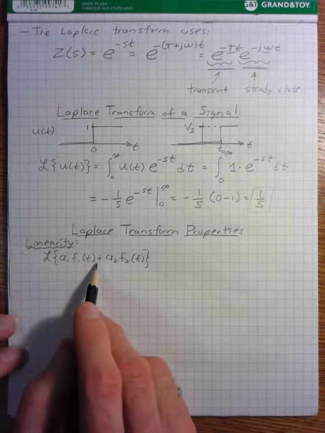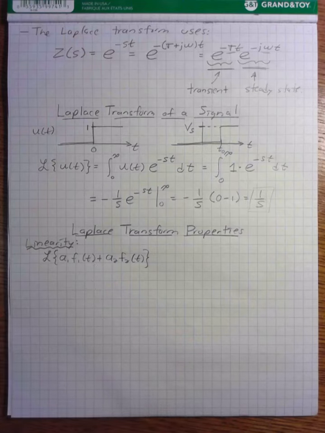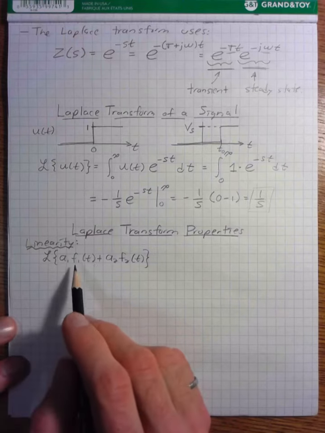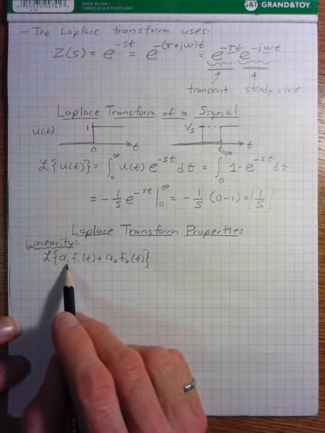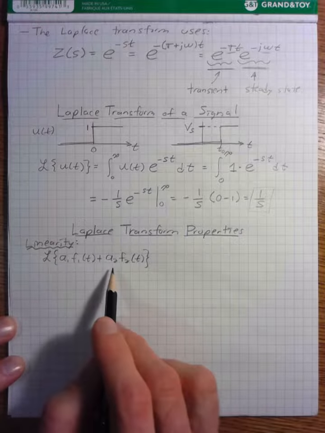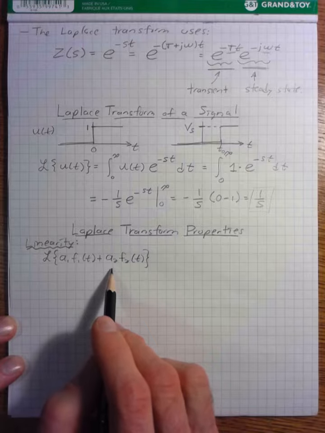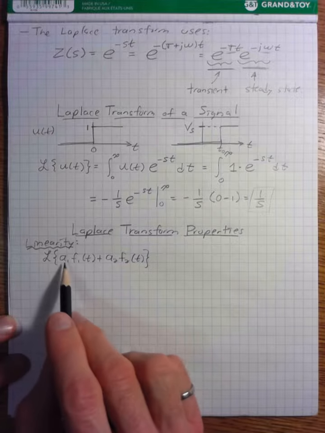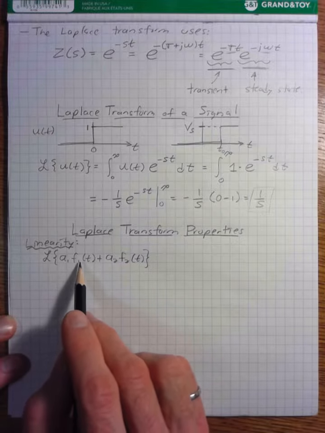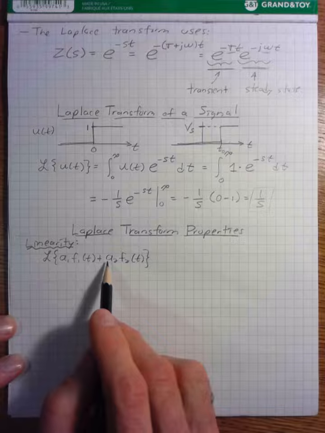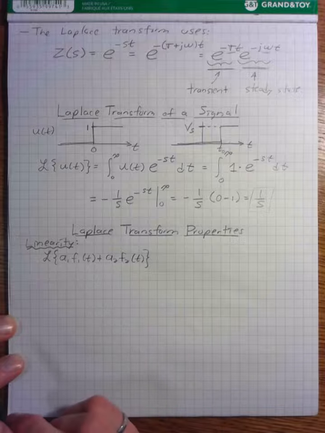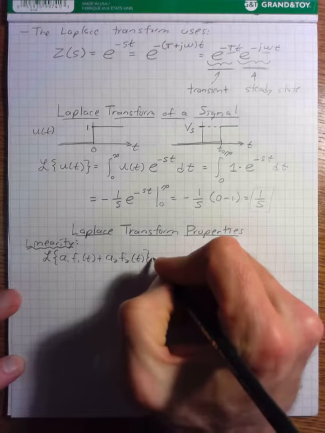And in order to establish linearity, we want to be able to show that the Laplace transform of this expression is equal to a1 times the Laplace transform of f1 plus a2 times the Laplace transform of f2. So anyway, we'll get there in a second. Let's just start with this.